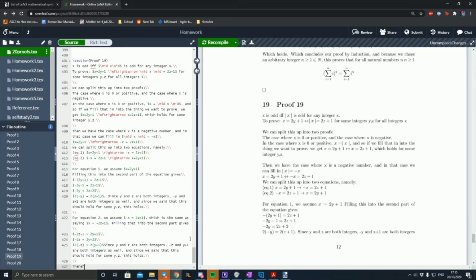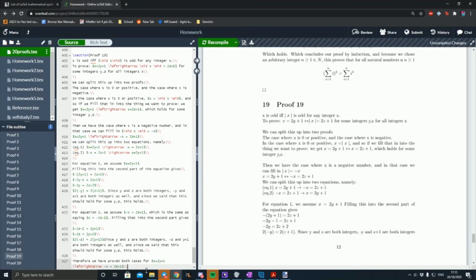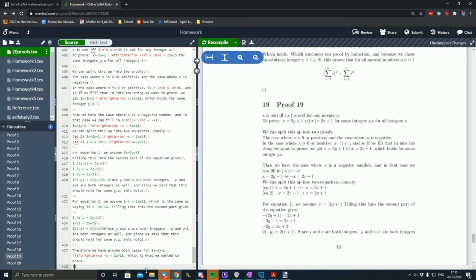Therefore, we have proven both sides, or both cases, for that, which is what we wanted to prove. Box.